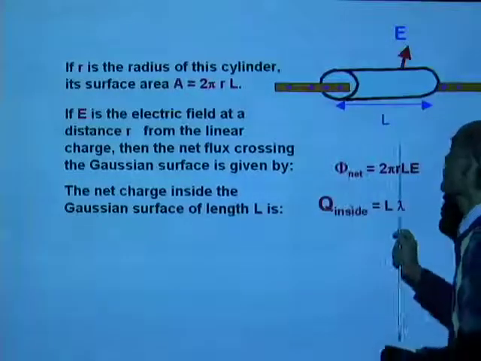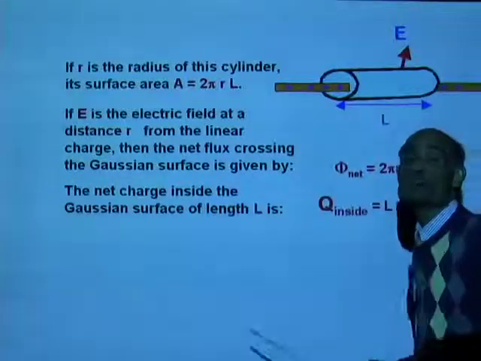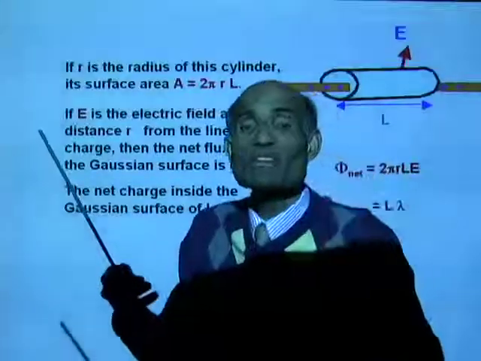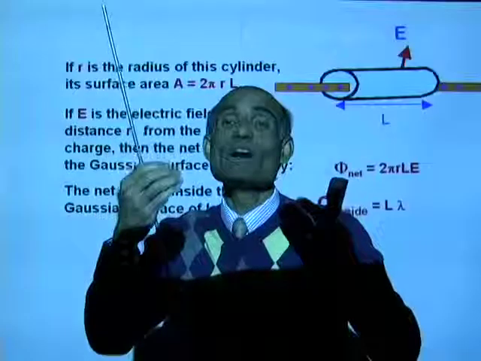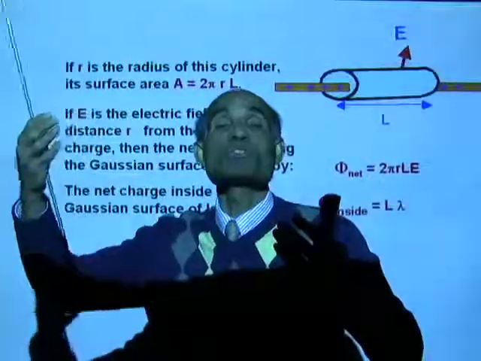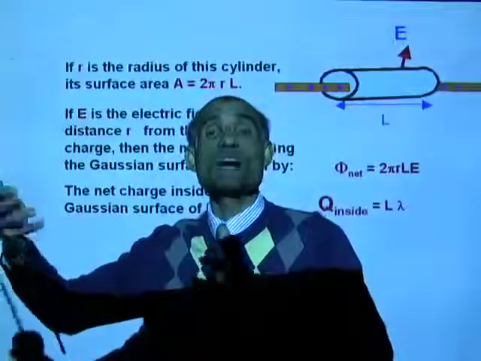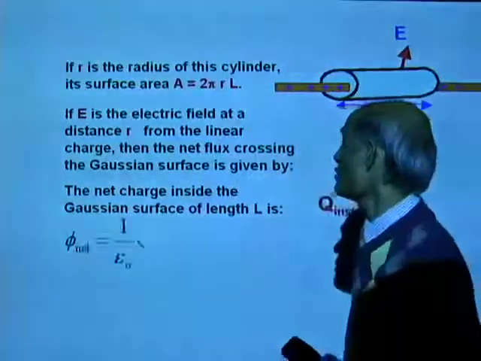Now, we know phi net, we know Q inside. We can now use Gauss's law. Phi net equals 1 over epsilon naught times Q inside, or 4 pi k times Q inside, whichever equation you want to use.